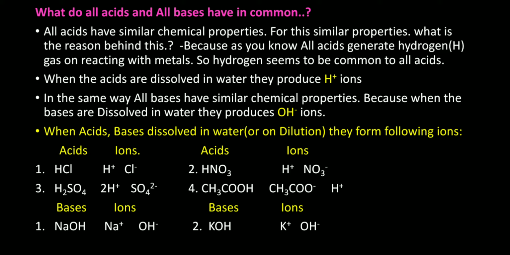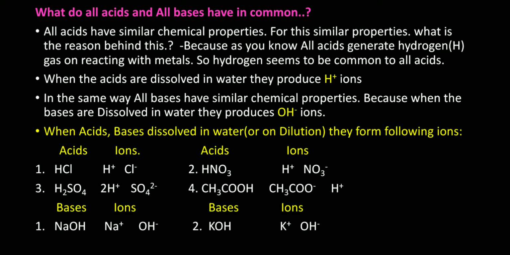When dissolved in water, it dissociates into Na+ and OH- ions. Base KOH, when dissolved in water, dissociates into K+ and OH- ions. We must conclude that when acids and bases are dissolved in water, they produce their corresponding ions.